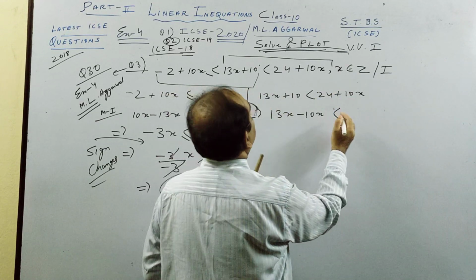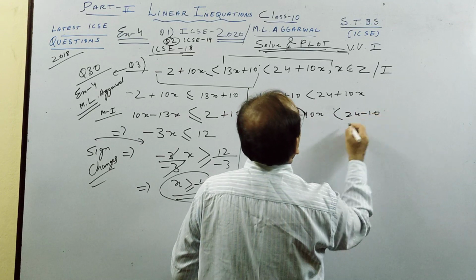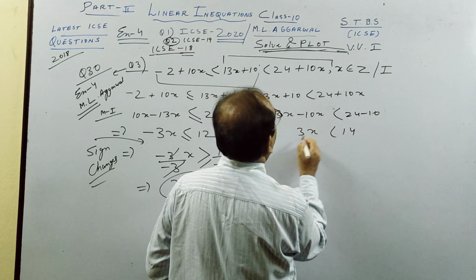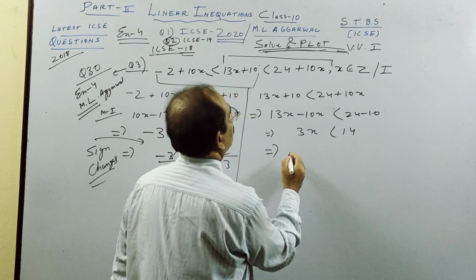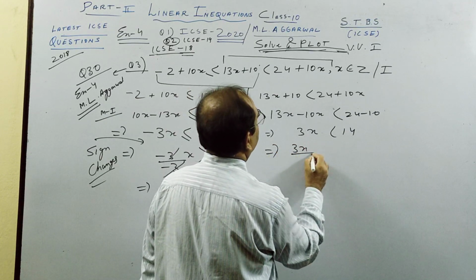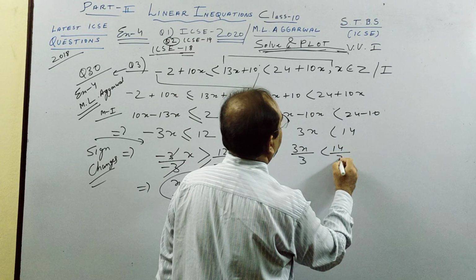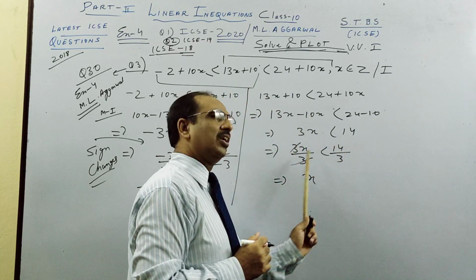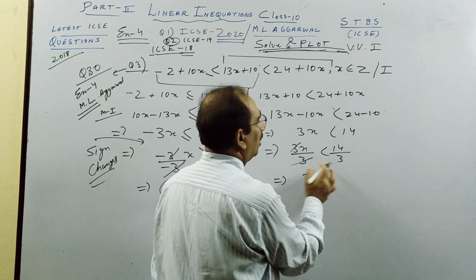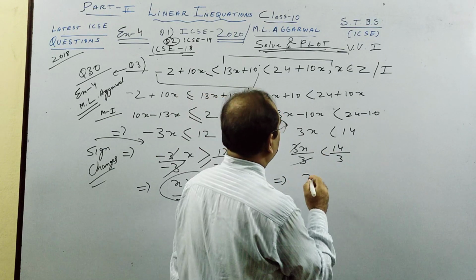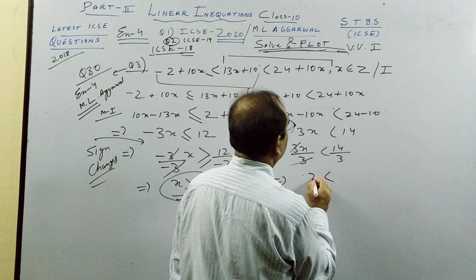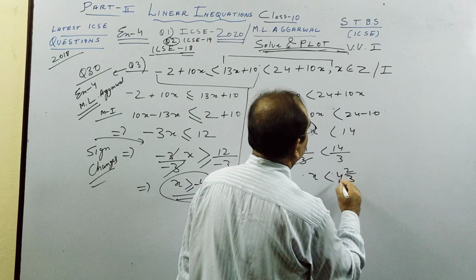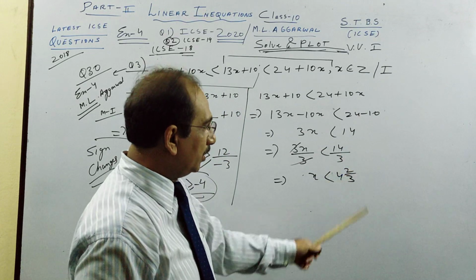I am not changing the full thing. So we have 3x less than 14, so divide both sides by 3. So we get x. It seems as if 3 has gone down, ultimately the same thing, but we divide because this is an inequation. X is less than 14 by 3, that is 4 2 by 3. 3 4s are 12 plus 2, 14 by 3.